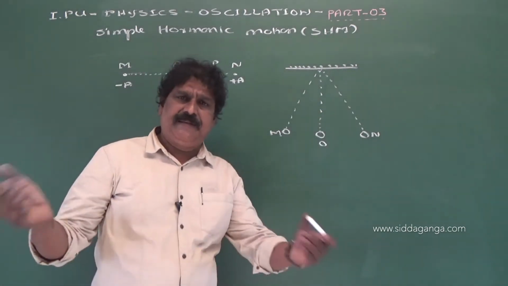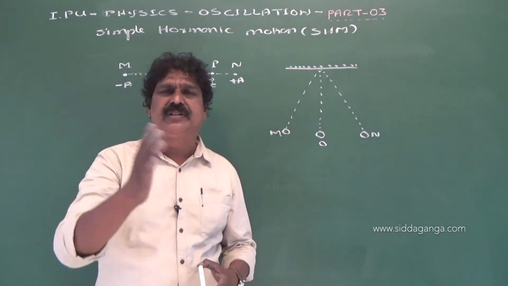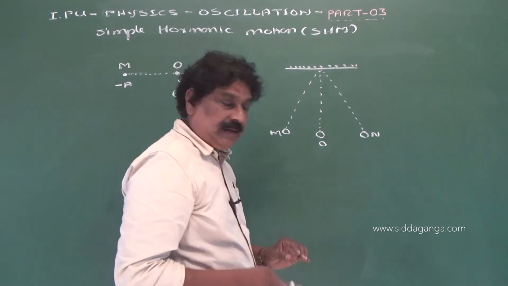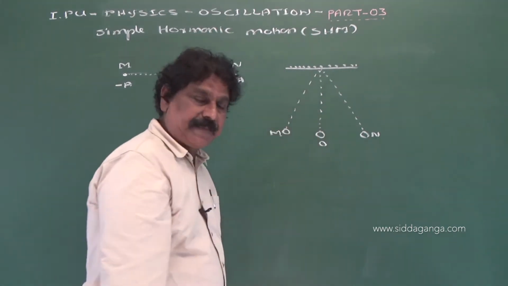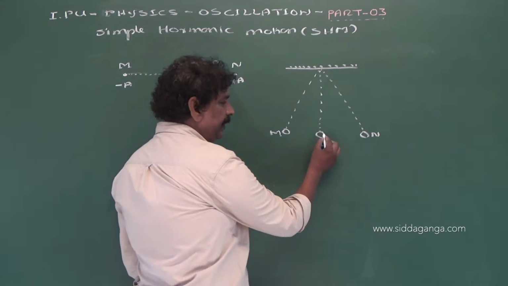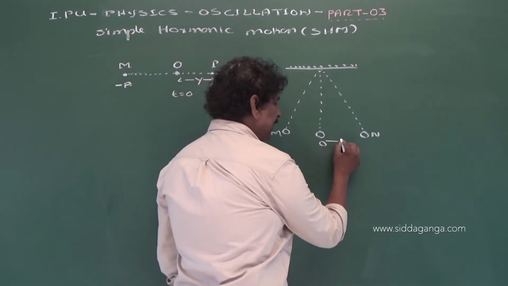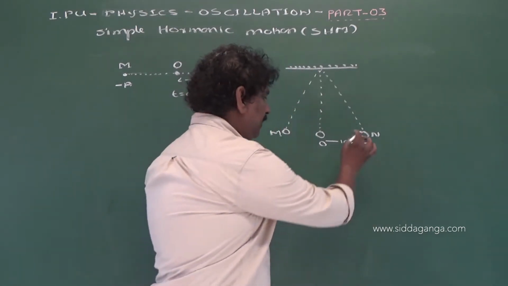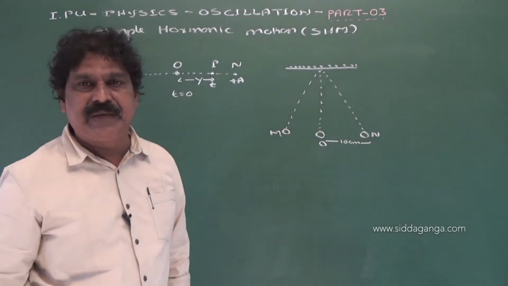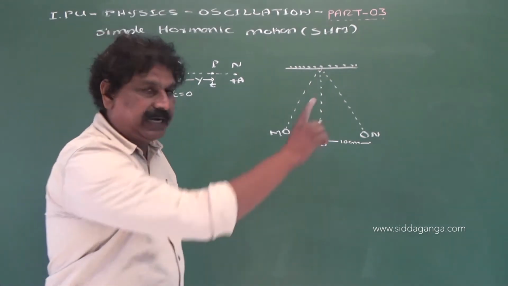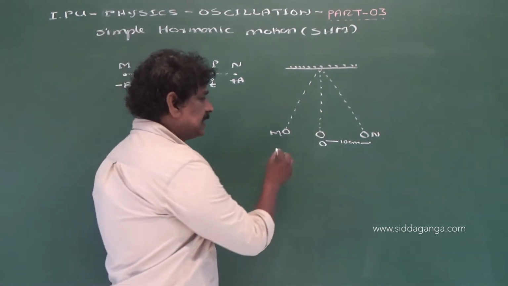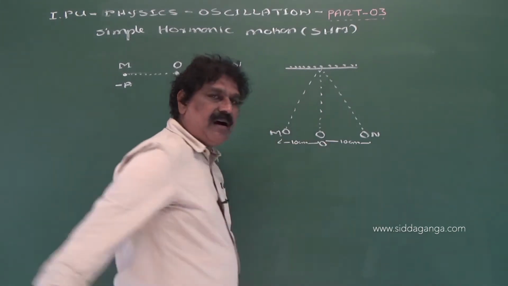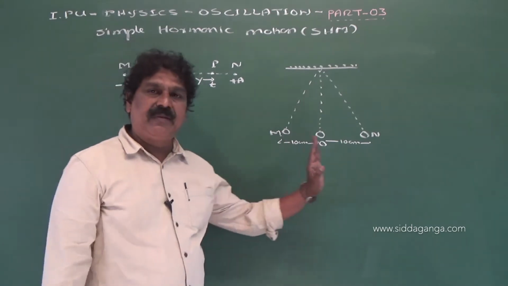Now you might have seen the oscillations of a simple pendulum, even in a wall clock. Observe here, when we displace it 10 centimeter, it is pulled 10 centimeter apart from the mean position and let go. It begins to oscillate in such a way that both extreme positions are at 10 centimeter from the mean position.